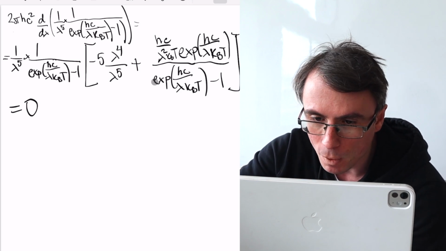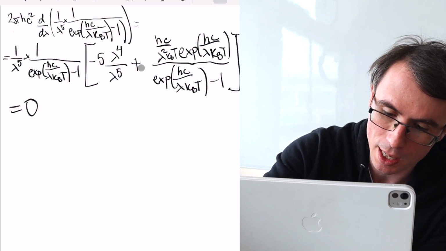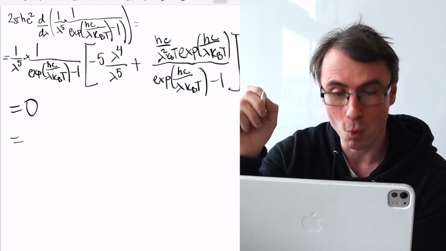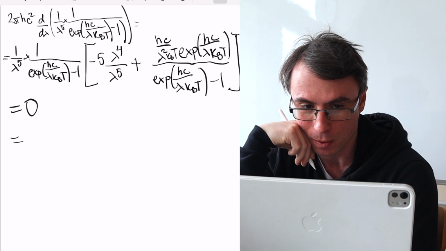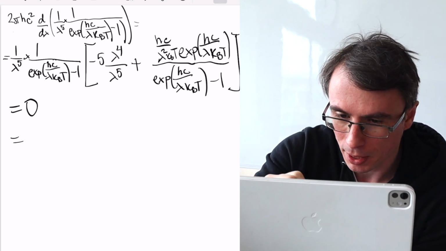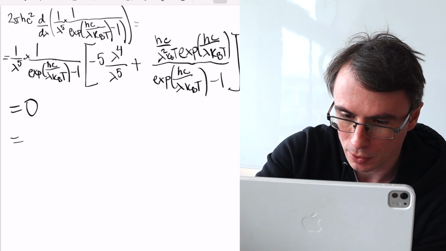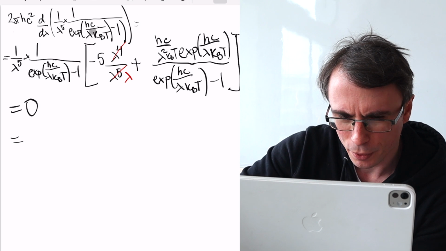And what we spot over here is that if we do a little trick, and this is really cool, we're going to take a factor of 1 over lambda to the power of 6. What do I mean by that? So this here will end up just leaving me a factor of 1 over lambda. And this here was to the power of 5.